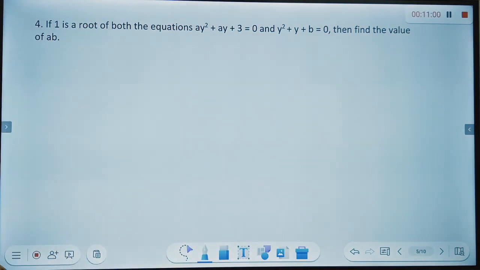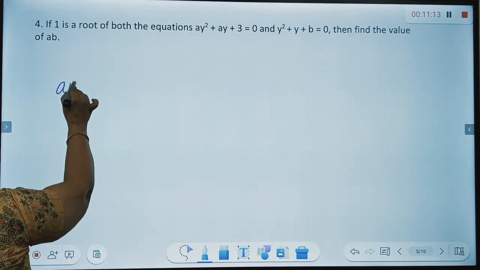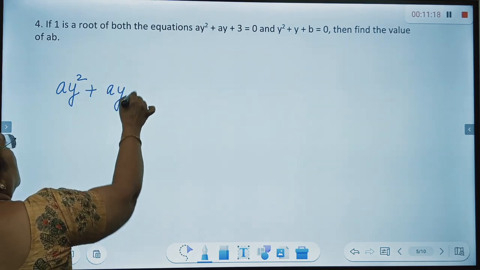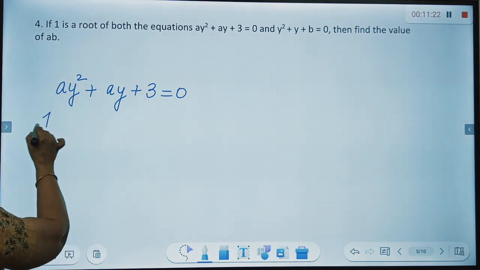Now you are given 1 is a root of two equations, ay square plus ay plus 3 equal to 0 and y square plus y plus b equal to 0. You have to find the value of ab. So the equation is ay square plus ay plus 3 equal to 0. 1 is a root.